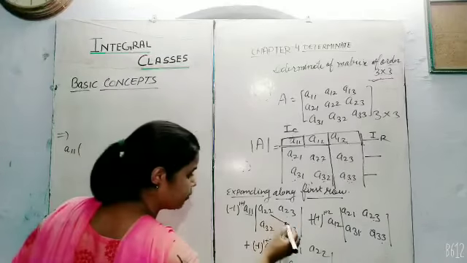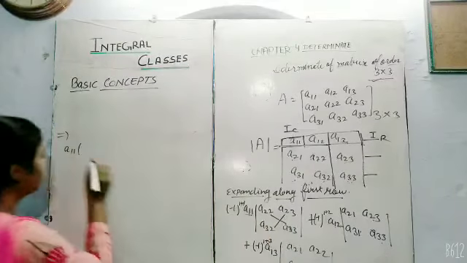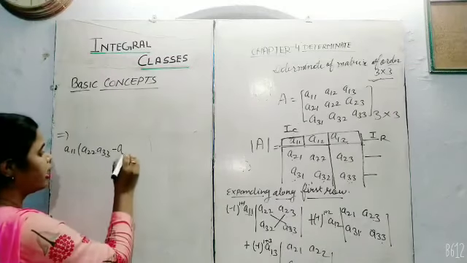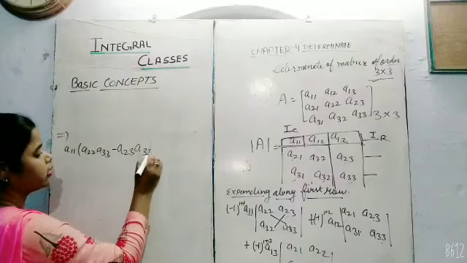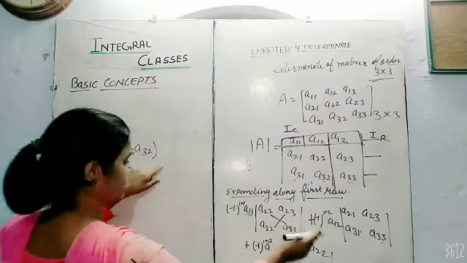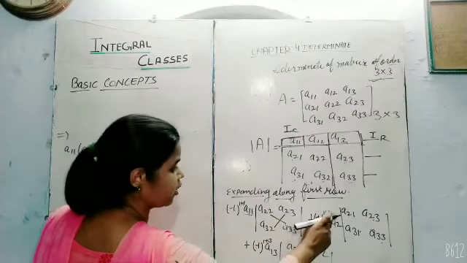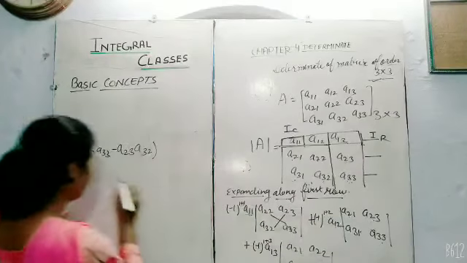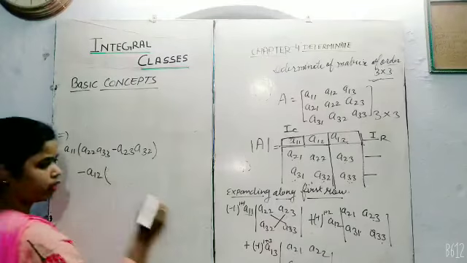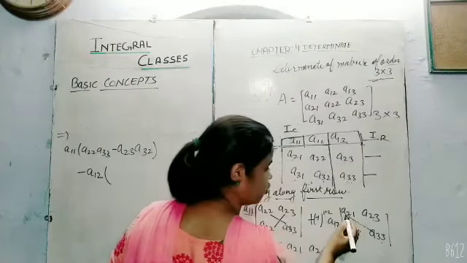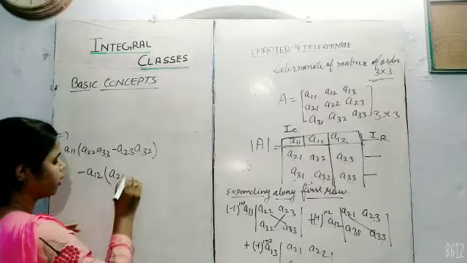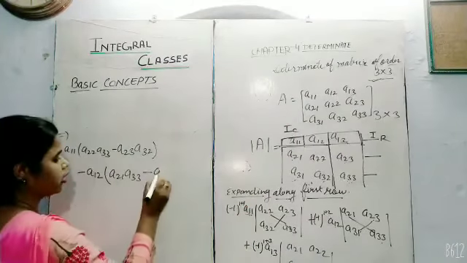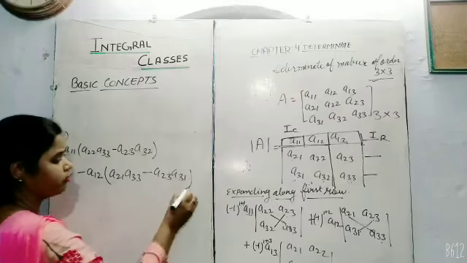A11, now we multiply A22 into A33 minus A23 into A32. Okay. Then here minus 1 exponent 1 plus 2, 3, it means minus sign. Again A12, now we have to multiply A21 into A33 minus A23 into A31.